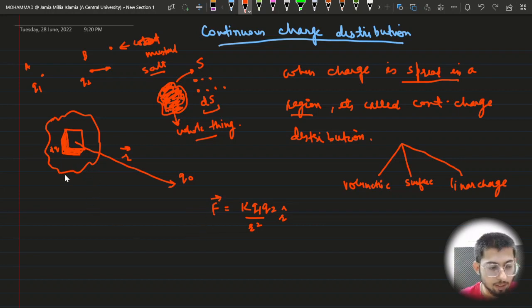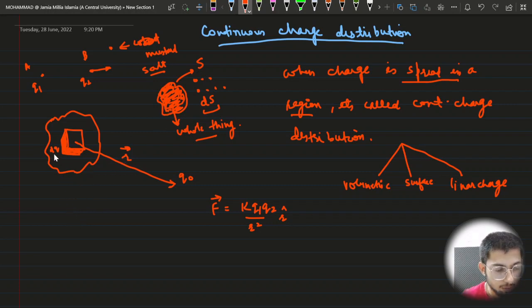Since we have a bulk of charge, and we have assumed this small piece of charge as dq, let's take the smallest bit of charge in this bulk, which is dq, and find the force due to that bit only, not the full one. Are you getting it?